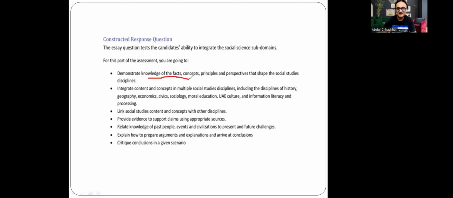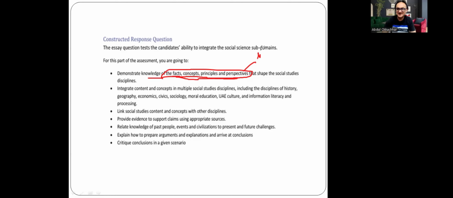Demonstrate the knowledge of the facts, concept, principle, and perspective. When we are designing the curriculum or a lesson plan, we have to apply two methods. One is the top to bottom approach. Another one, for implementation of the lesson, is the bottom to top approach. Now, they have given these four concepts and perspectives.